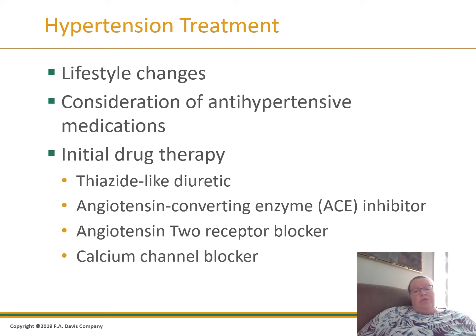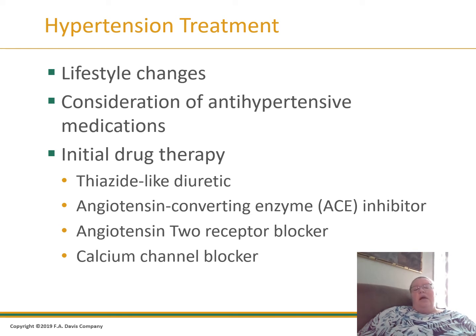If that doesn't work, we're going to go to ACE inhibitors. Now, we wouldn't give ACE inhibitors to African Americans because that can cause endocarditis and basically rupture valves in the heart. So we want to not do that. But the next step would be angiotensin receptor blockers, which is your beta blockers.